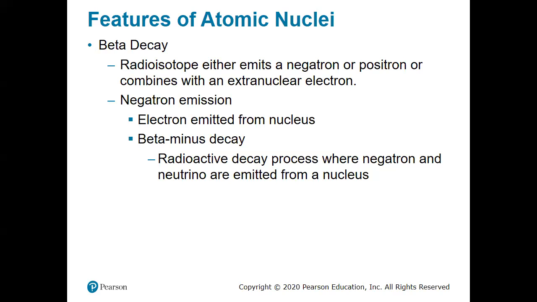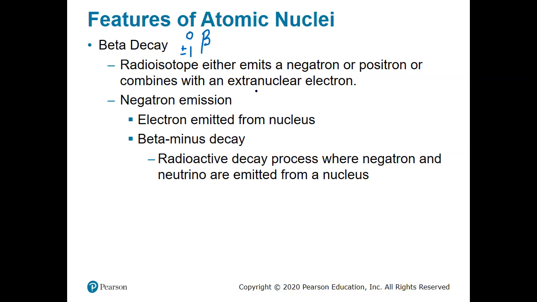Beta decay. Now, beta decay has a lot of different forms. They all basically have the same idea. We have some sort of particle with no mass, and it'll either have a positive or negative 1 in its charge.